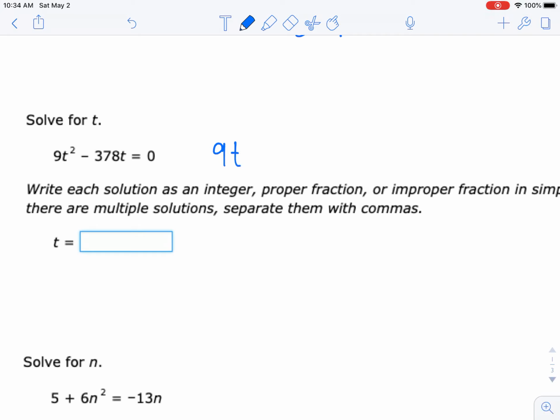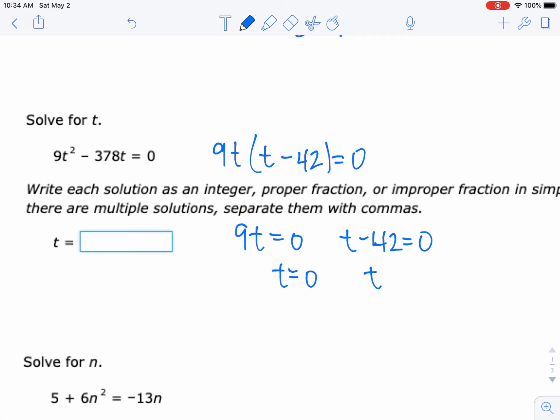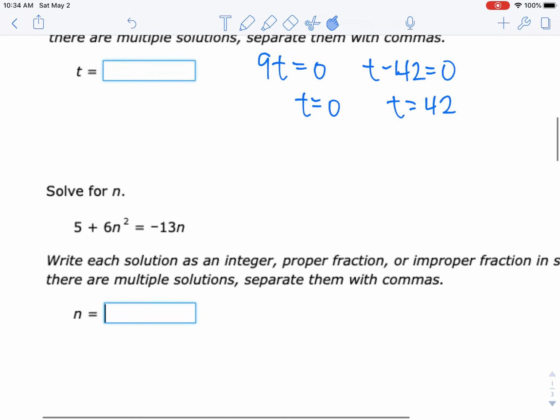So 9t is your greatest common factor. Set each equal to 0, and you get t equals 0, t equals 42.